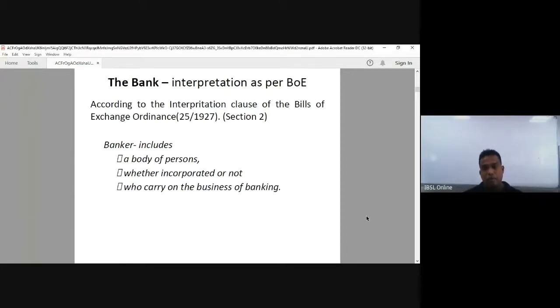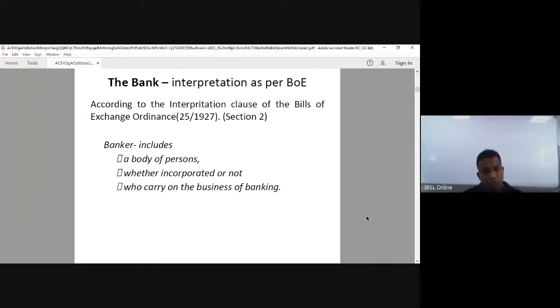Not defined. So as per this interpretation of the Bills of Exchange Ordinance, what you have to understand is that this interpretation was given based on the banking industry at that time, and at that time any person, whether incorporated or not, could do banking business.